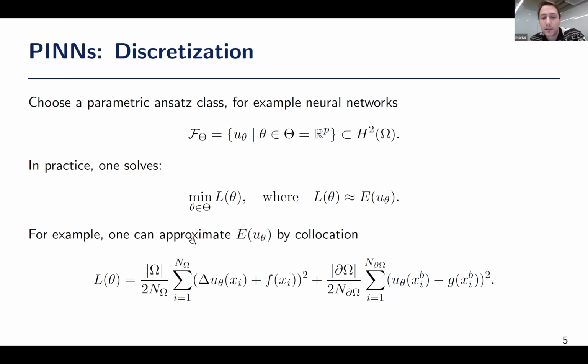This is made concrete here, where the integrals in L are approximated, maybe by a Monte Carlo type of approximation, maybe by a quadrature rule. It depends on your choice, and on the application also.